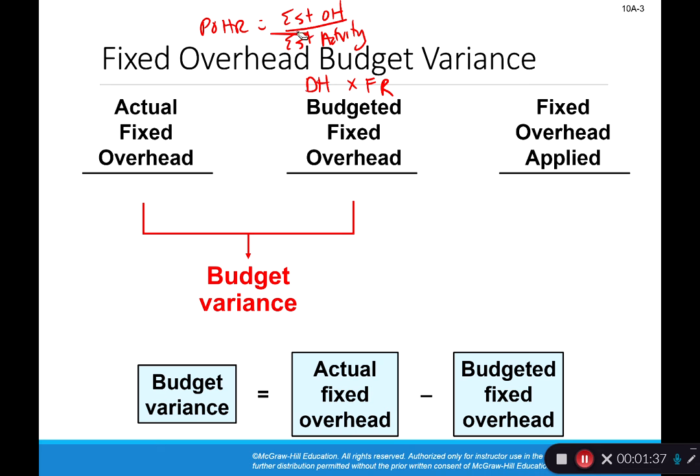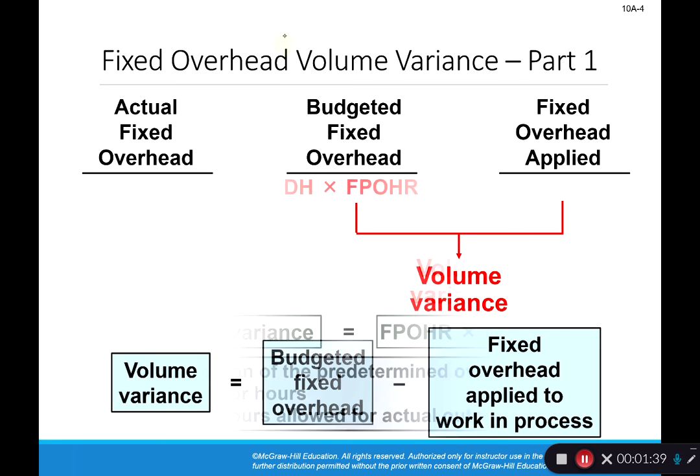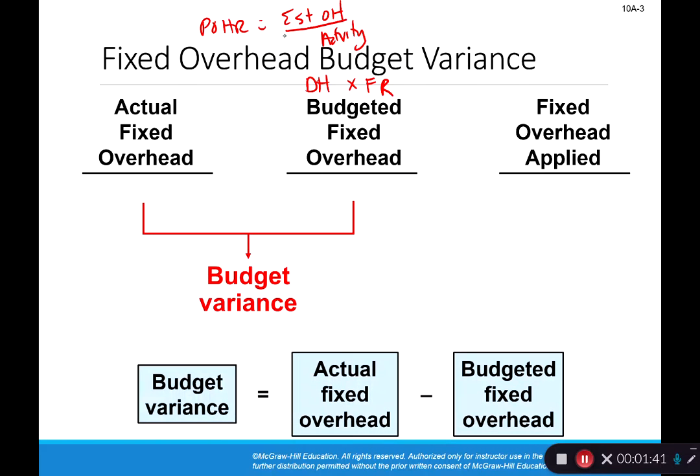So the denominator hours are what we're referring to as estimated activity in this denominator. That's the direct labor hours or machine hours or direct labor cost. That's the driver of our overhead. The fixed rate is going to be the fixed portion of that predetermined overhead rate. We'll talk more about that in a bit.